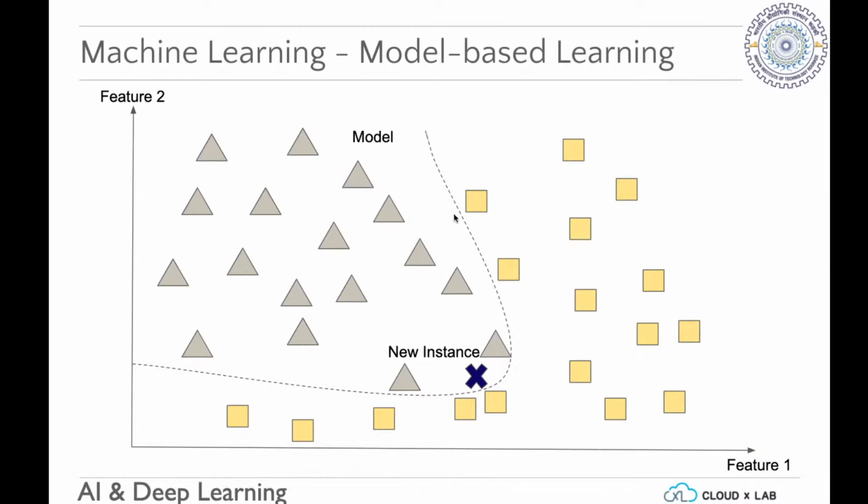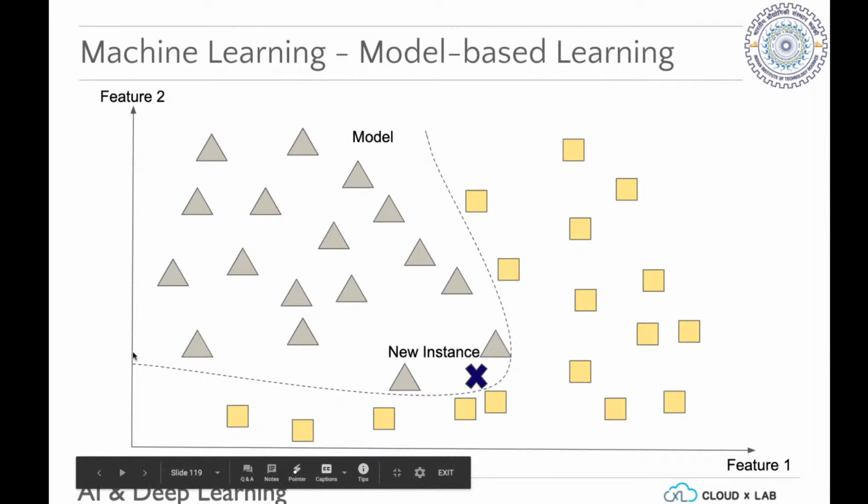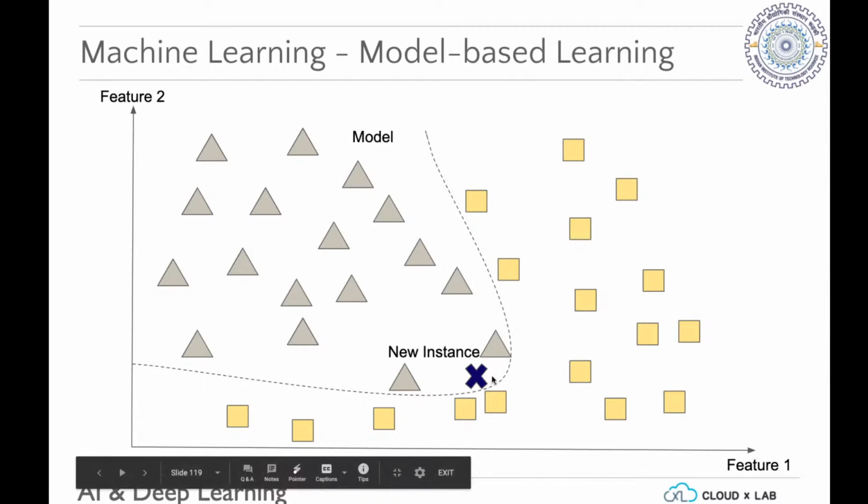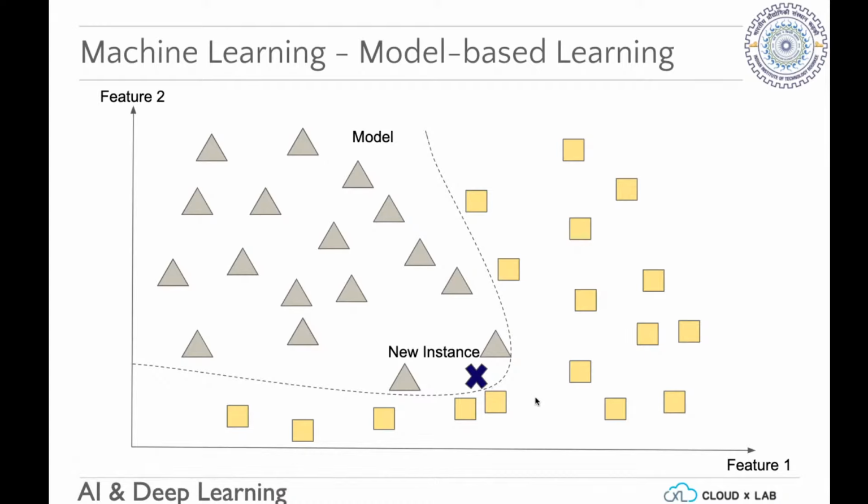That would be a generalization. It builds a model and understands that there is a border between these two sets, and when I get a new instance, I won't check if it's closer to triangles or to squares, I'll just check which side of the boundary it's on. Okay, so there's a difference.